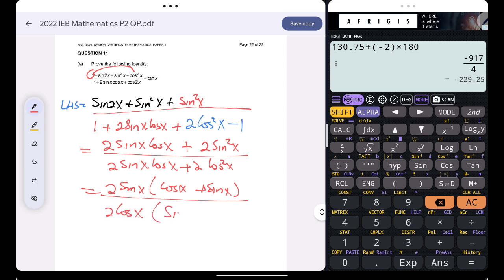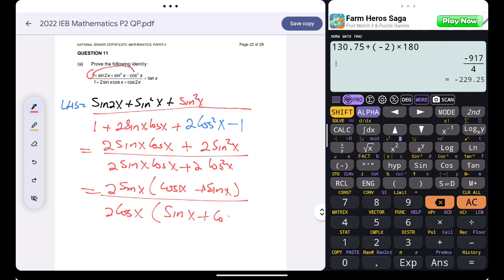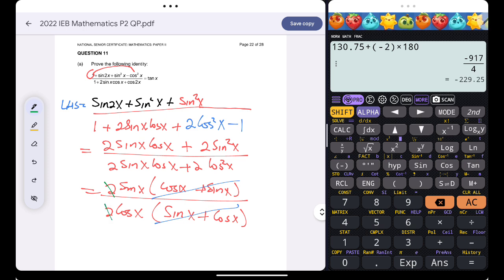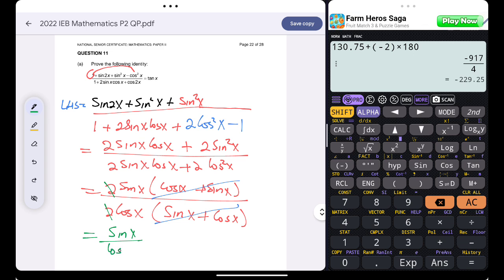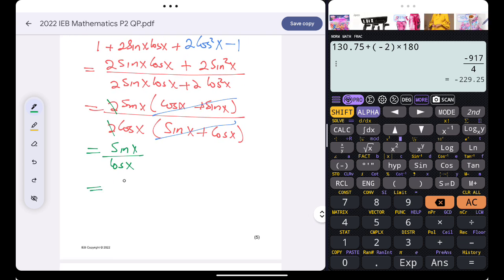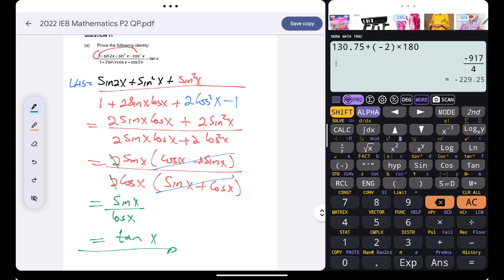When I take it out, I'll be left with sine x plus cos x. I know that this will cancel with this one, and then this will cancel with this one. I'll be left with sine x over cos x, right? Which is equal to the tan of angle x. Then I've proven the identity.